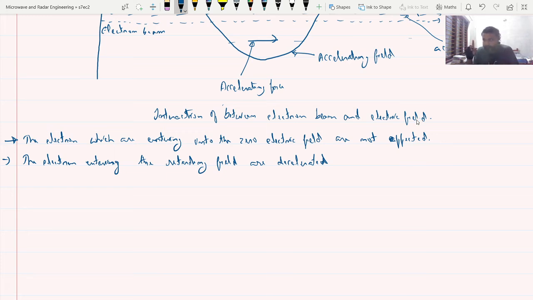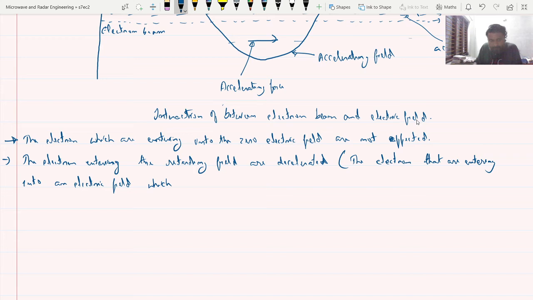In another way I can write: the electrons that are entering into an electric field which is retarding, these electrons are retarded.